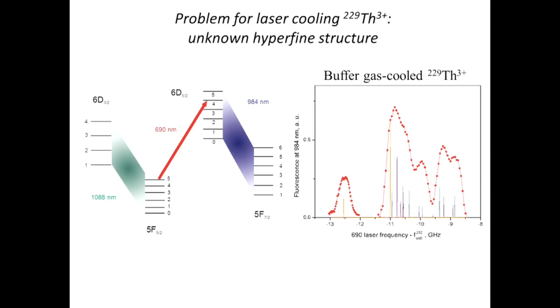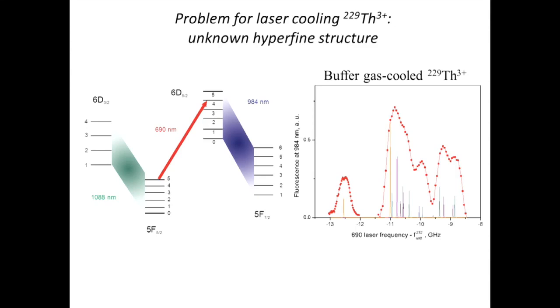And so once we loaded the ions into the trap in a buffer gas atmosphere, the buffer gas does cool them down from thousands of Kelvin down to room temperature, but all we see in our fluorescence measurements are broadband features of the spectroscopic lines.